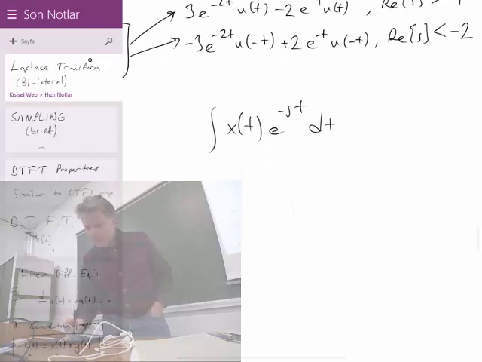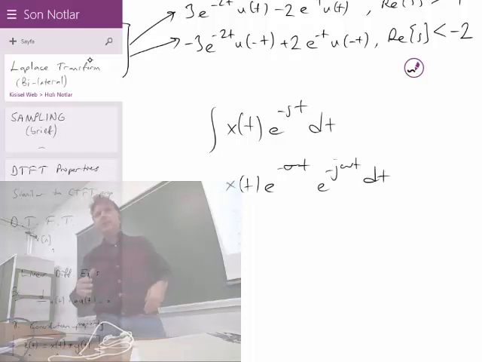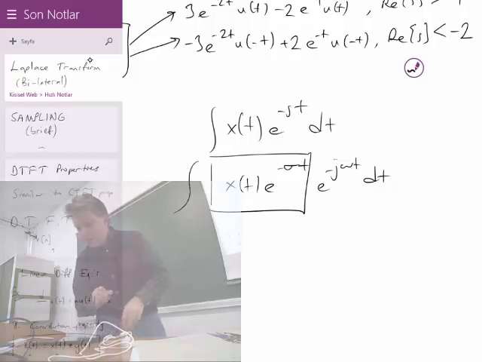However, we know that x of t e to the minus sigma t e to the minus j omega t dt is the correct expression, because s has sigma and j omega. And as you see here, we have an integration.